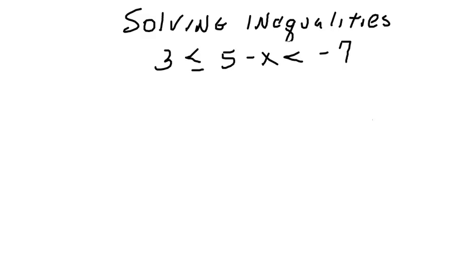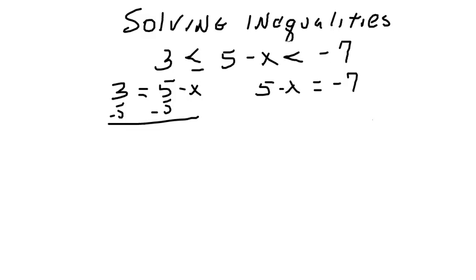So first we replace the inequality with an equal sign, so I have 3 equals 5 minus x, and I have 5 minus x equals negative 7. Now solving this normally shows that we're going to subtract 5 and find that minus x is minus 2, and then dividing by that negative 1, finding that a critical point exists where x is 2.